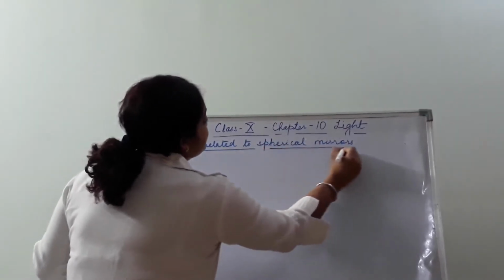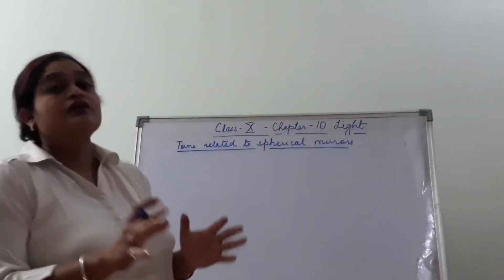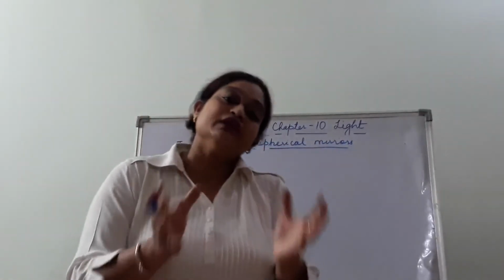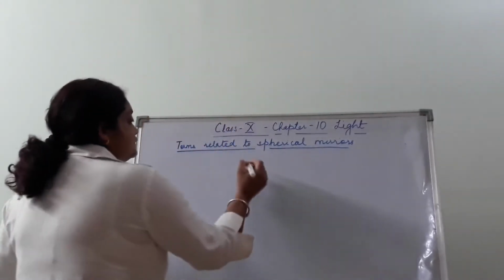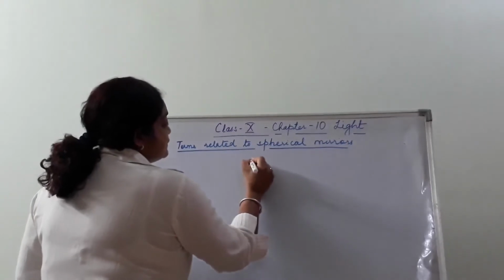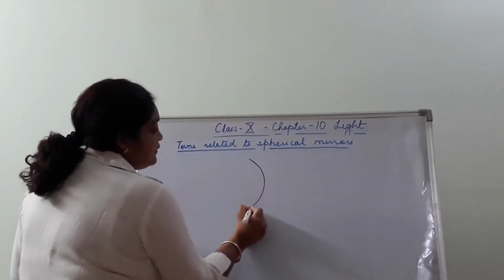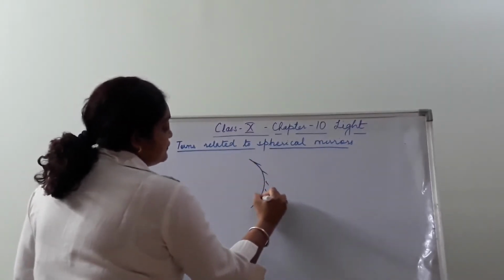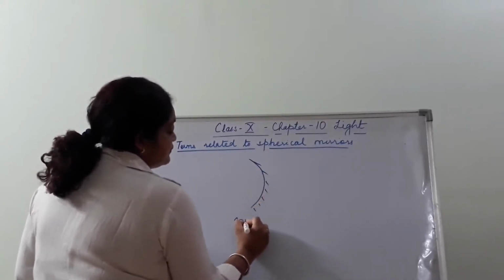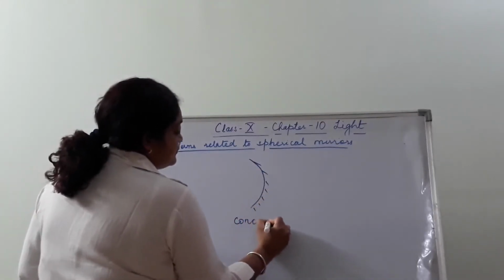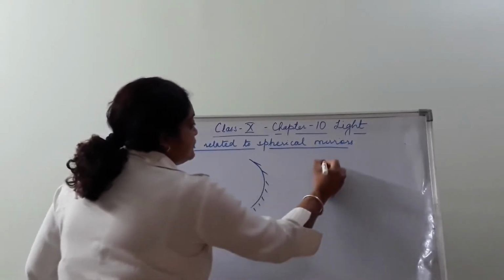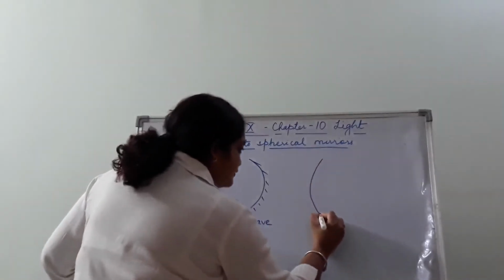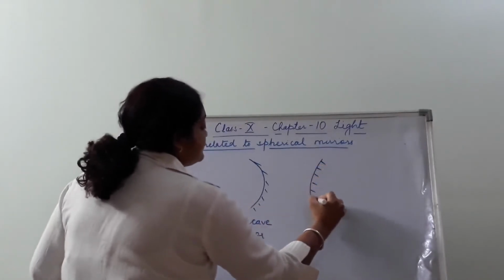Terms related to spherical mirrors. Now a spherical mirror, whether it is a concave mirror or a convex mirror. Suppose this is a concave mirror, and this is a convex mirror.